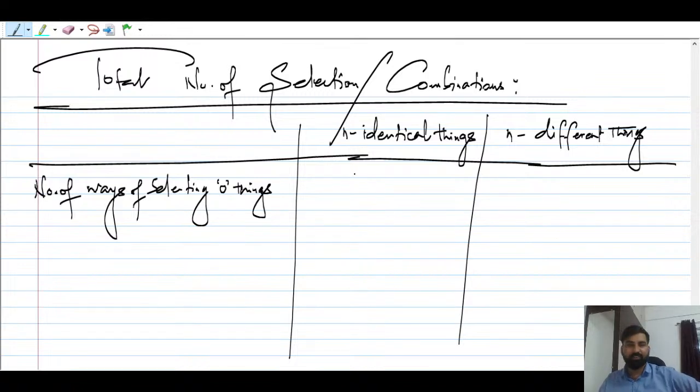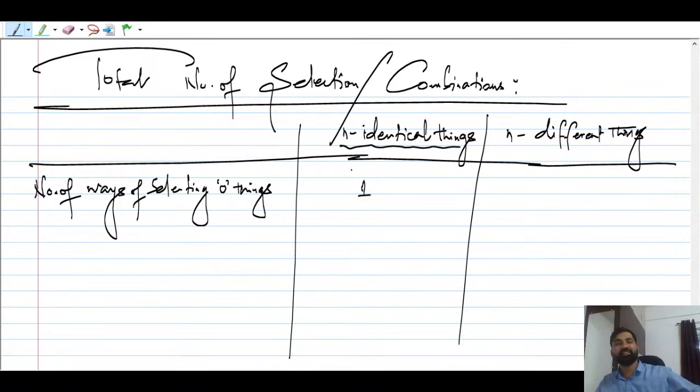If there are n identical things, how many selections or combinations are possible if you select 0 things? Guys, only one combination is there, right? And this is very important.